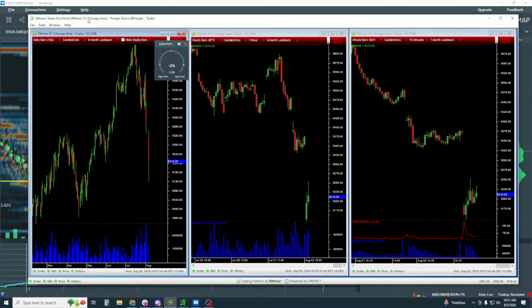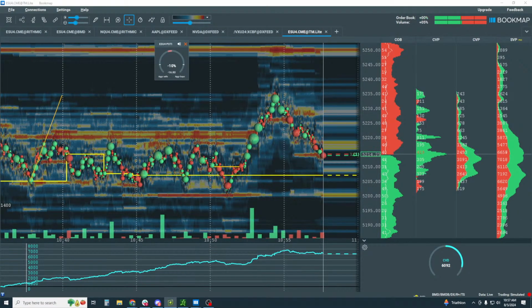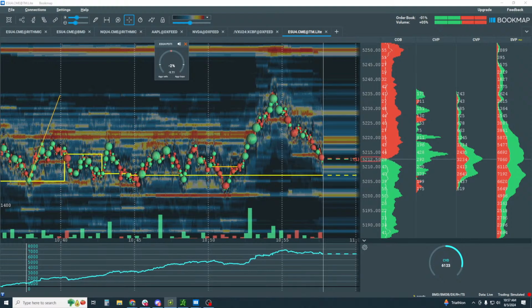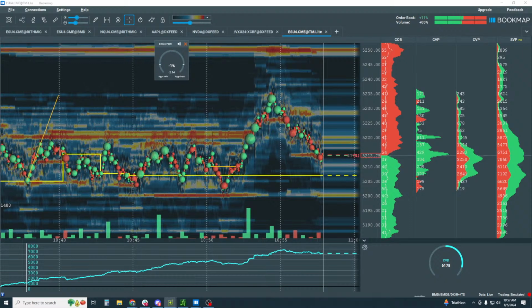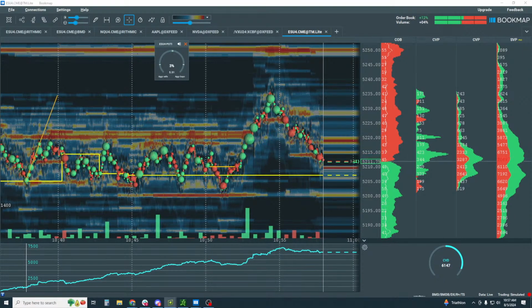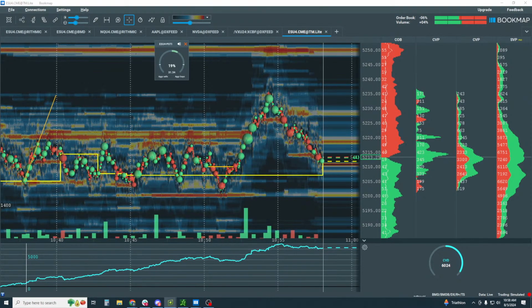Let's see if I can add in rhythmic here, maybe a larger time frame chart. Dollar. Charts. 6E. .cme.